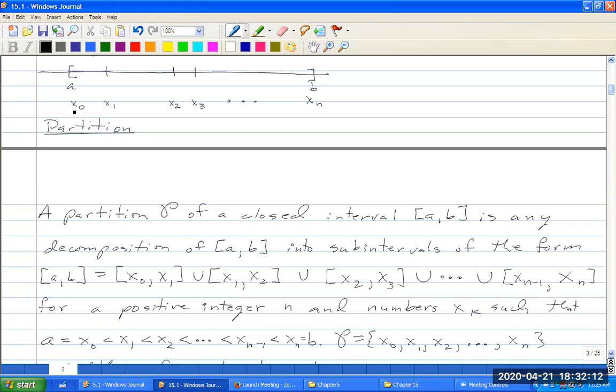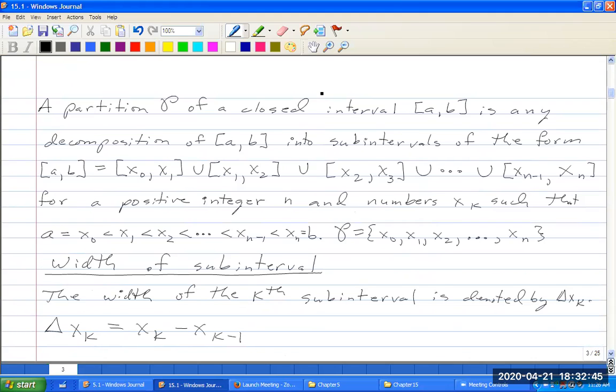These numbers x0, x1, dot, dot, dot, to xn are such that x0 is equal to a, x0 is less than x1, which is less than x2, which is less than x3, dot, dot, dot, which is less than xn, which is equal to b. And so my partition is just this set of points.